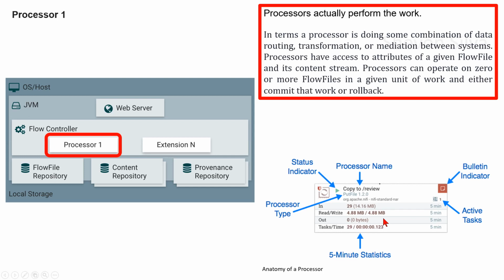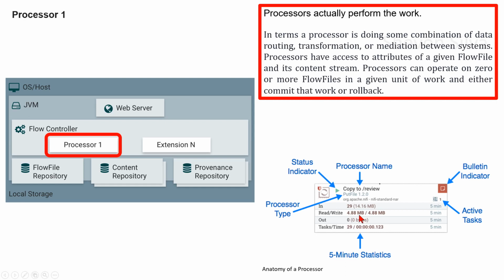Some processors may only read the data without writing anything, while some will not read the data but will only write data. Others will never read nor write data, and some processors will both read and write data.